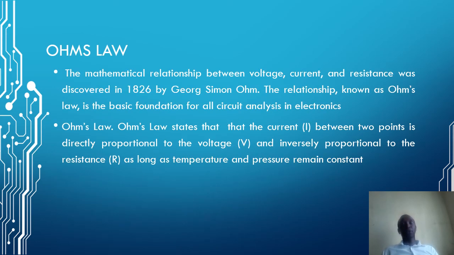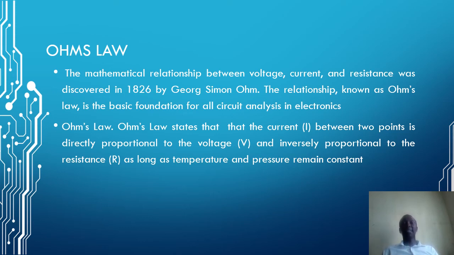Another law that is crucial for us, as stated earlier, is Ohm's law. This is the mathematical relationship between voltage, current, and resistance, and it was discovered by George Simon Ohm in 1826. This forms the basic foundation of all circuit analysis in electronics.